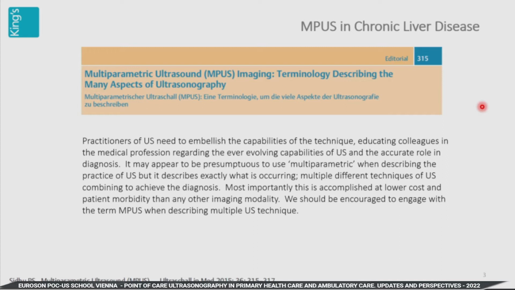Very often when you turn your machine on, you don't see anything there, but hidden in the machine is the software, and you have to present some money to the company and they give you a code and you turn it on and it's there. So it's not something that's difficult to attain. So always think when you're doing your ultrasound that you can do more with your ultrasound machine and use as much as you possibly can.